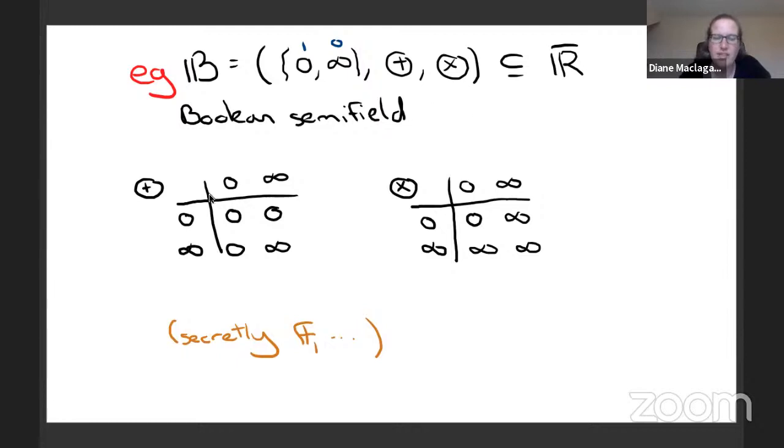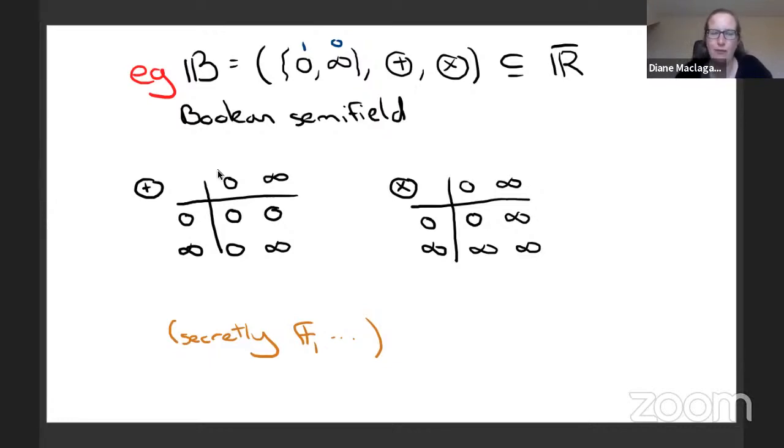So this is the Boolean semi-field. If I want to say I'm just going to forget about the coefficients, what I often mean in this setting is I'm going to work over the Boolean semi-field. That means I'm just going to remember whether a term shows up or not, and that means algebraically we're in this world. Secretly, this is what people sometimes mean when they're talking about F1 geometry.